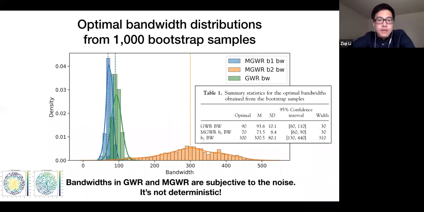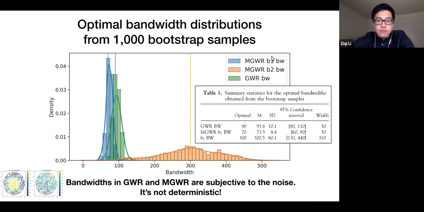And here are the results. We do this for GWR and also MGWR. For GWR, the single bandwidth that we get for these two processes is the green bars here, following a very normal-like distribution.